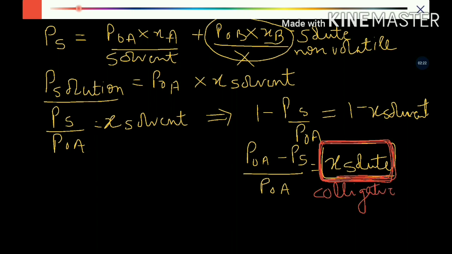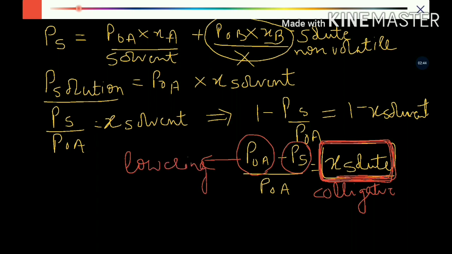Now it is understood that the vapor pressure of the pure component will always be more than the vapor pressure of the solution where we have a non-volatile solute. So P naught minus PS, this whole term, is known as lowering.